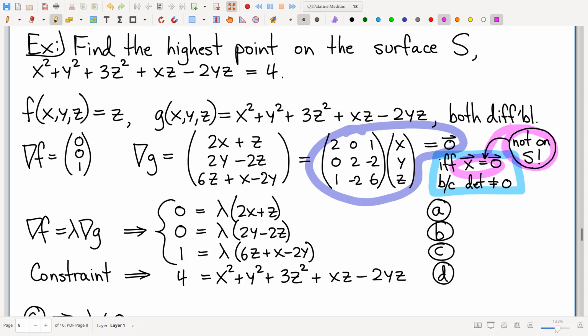It's not even a candidate because it doesn't satisfy our constraint. I don't need to eliminate it. It was disallowed in the first place. Is that cool? All right, so you have to be careful about this. Don't mislabel x equals the origin as being a critical point. That's definitely a wrong statement, and again, you're going to lose points on that.